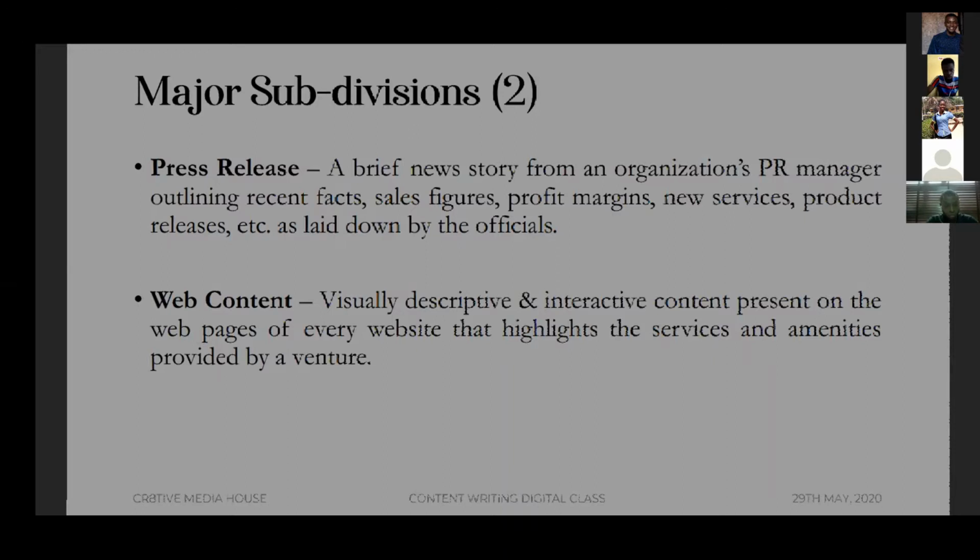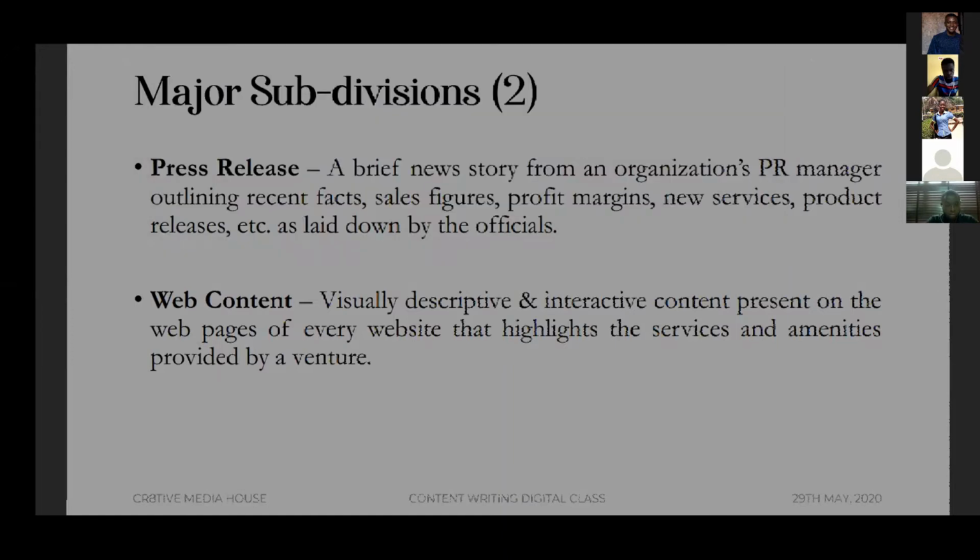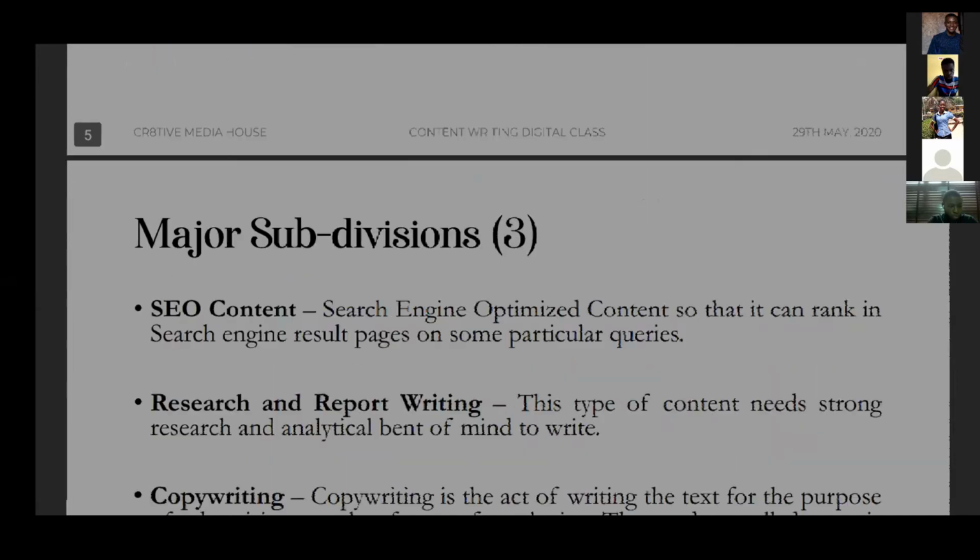As we move on, I need us to start thinking about the kinds of content we're talking about. Content is broad. When you're trying to create content, you need to know which part of content you are working with, which part you want to leverage from those we've talked about.